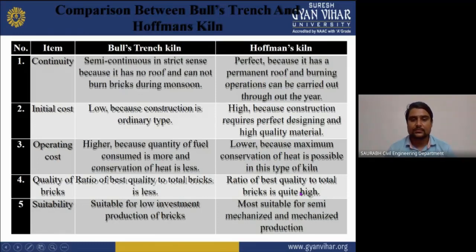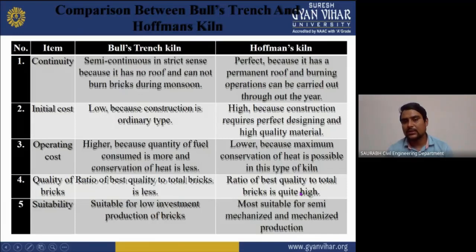Now we will see the initial cost. Low cost because construction is ordinary, and high because construction requires perfect design and high quality material. So you can understand the initial cost in Bull's trench kiln is less because we do not need to prepare a very good quality structure.